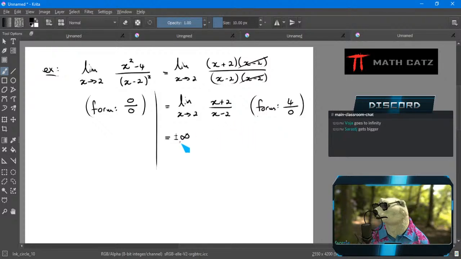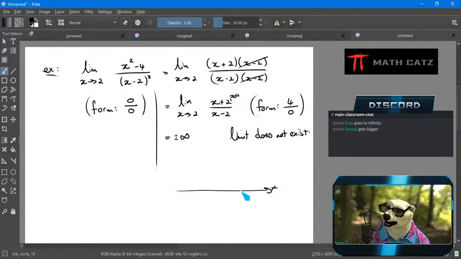I don't want to get caught up. Sometimes it's not obvious. Yes, the size blows up, but is it always positive, always negative? I don't know, but I do know the limit doesn't exist. I'll tell you why in a second. Limit does not exist. Because if I look at this, 4 is always going to be positive, right? But as I am interested in the x equal 2 position, I'm coming towards 2 from either side.